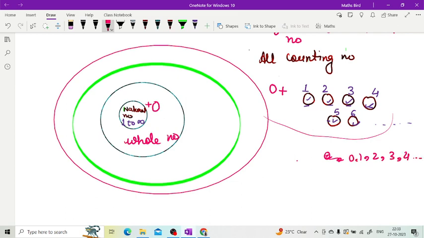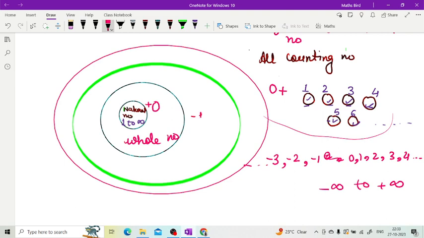If we add 0 here, these are whole numbers. If we add here -1, -2, -3, that means negative numbers, this is integers. Simply we can say minus infinity to plus infinity, all the numbers are integers, right? Or we can say all the natural numbers with their negatives, including 0, are integers.